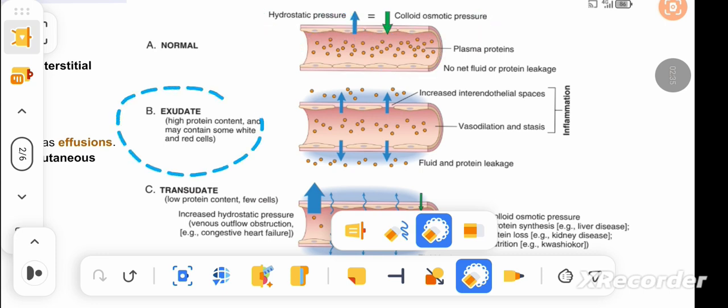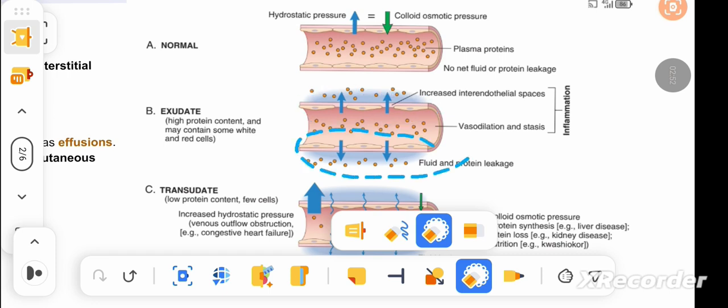But for an exudate to occur, we have the plasma proteins being lost into the interstitial fluid due to endothelial permeability. So the increased endothelial permeability can lead to loss of proteins into the interstitium, followed by water, making what we call an exudate in the interstitium.